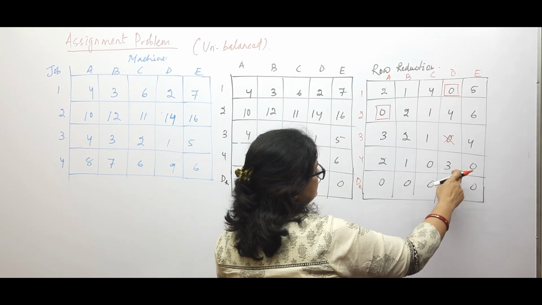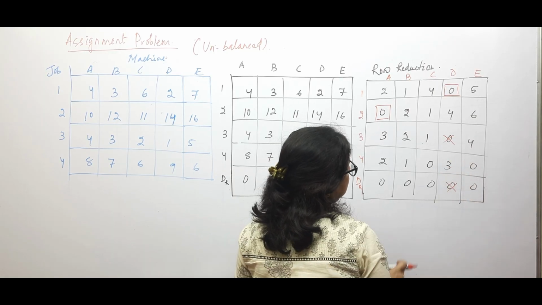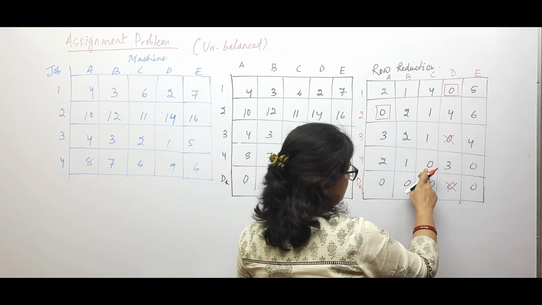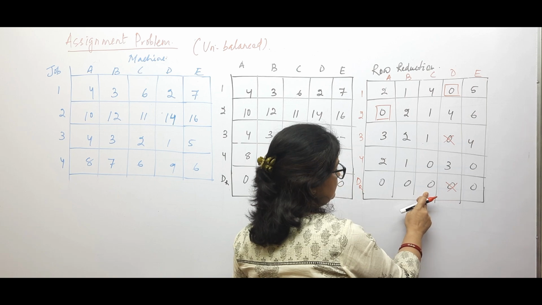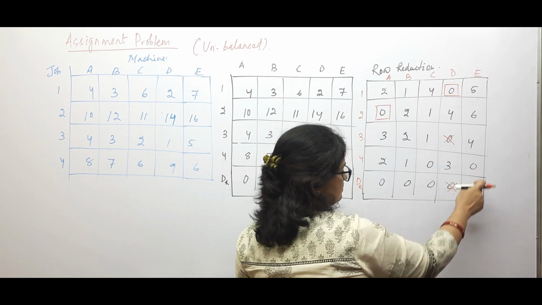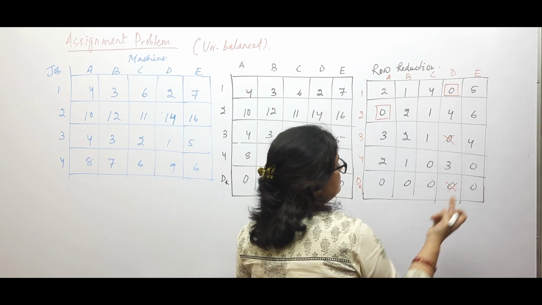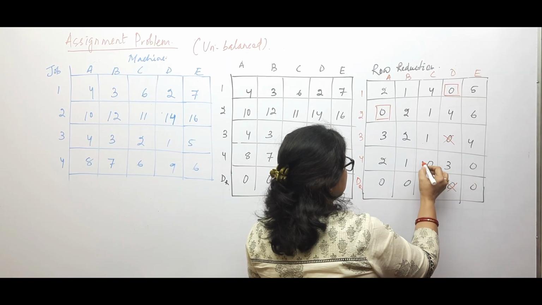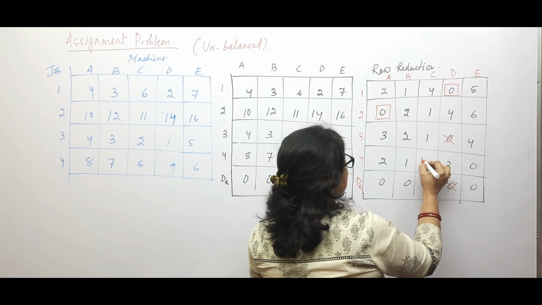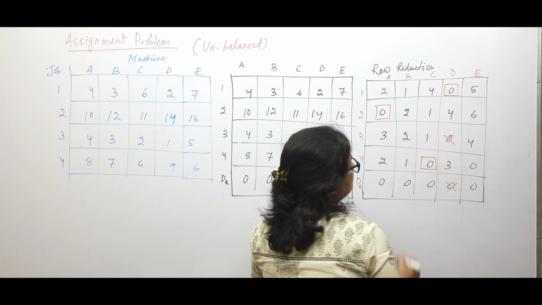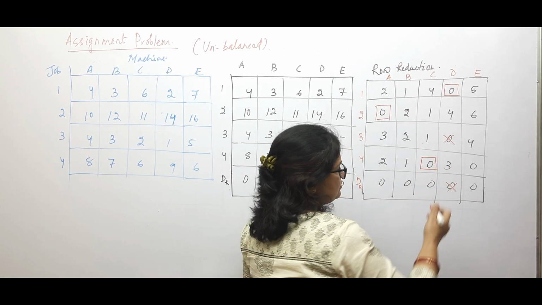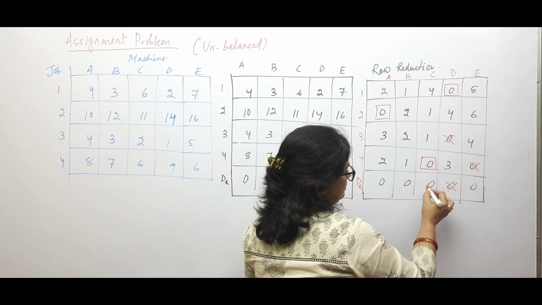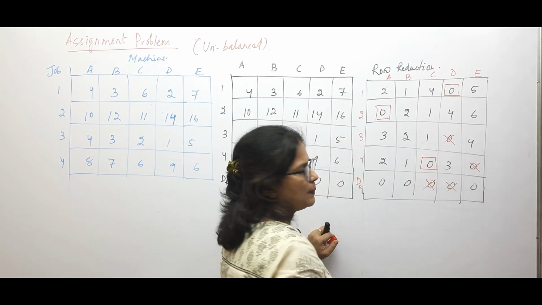For this, we can go for assigning. If we assign this, then we have to cross this one. If we assign that, we can cross this. So, arbitrarily you can take any value and assign. Suppose I have assigned this one, so I can cross this one and also this one.